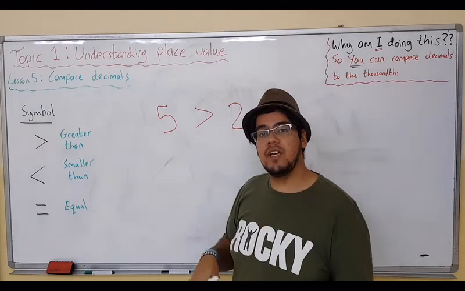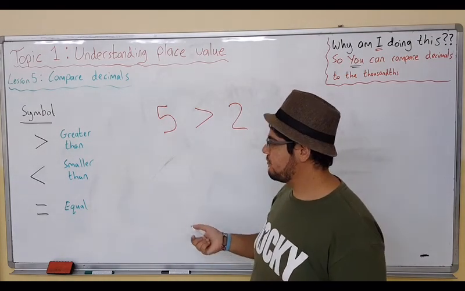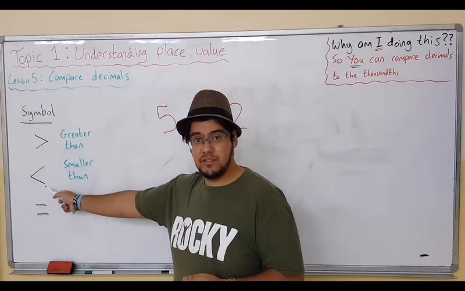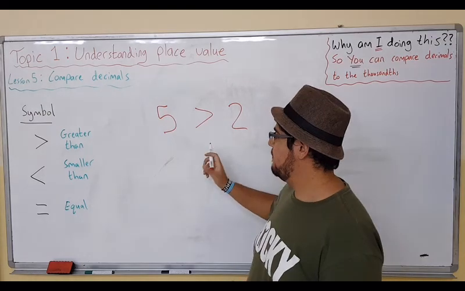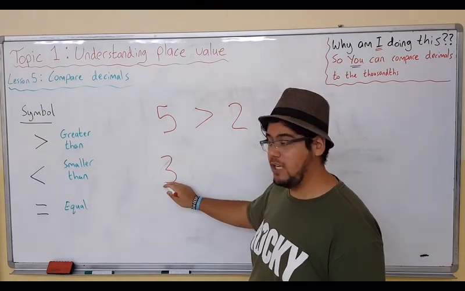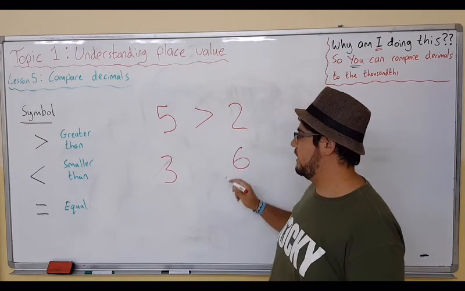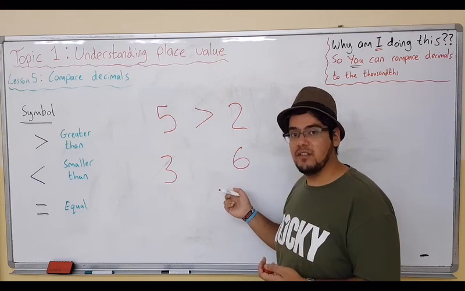So, what's the opposite of greater or bigger? Smaller or less than, right? That's what this symbol means, less than, smaller than. So if we have a 3 over here and a 6 over here, 3 is obviously smaller than 6, right?